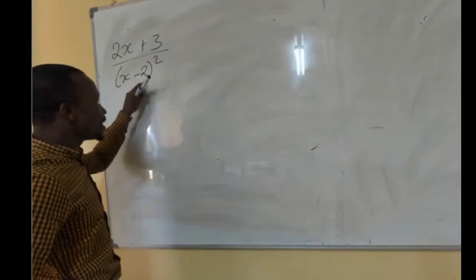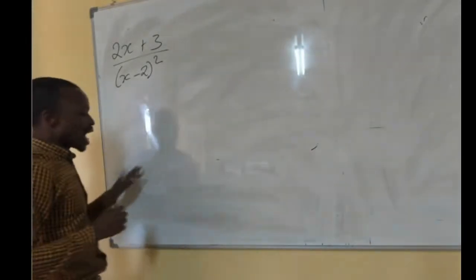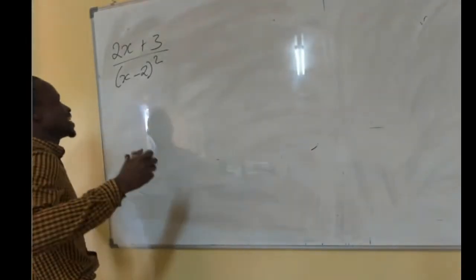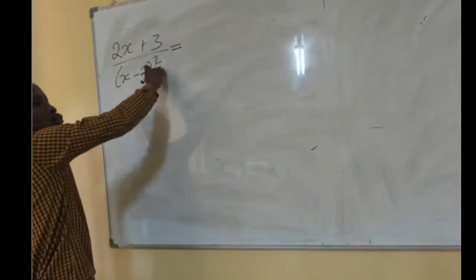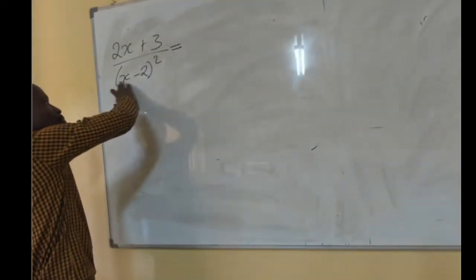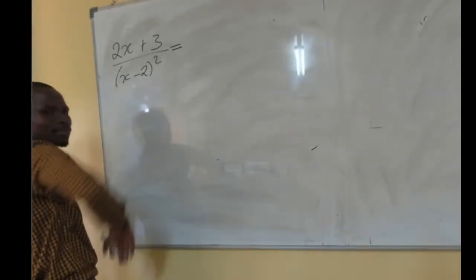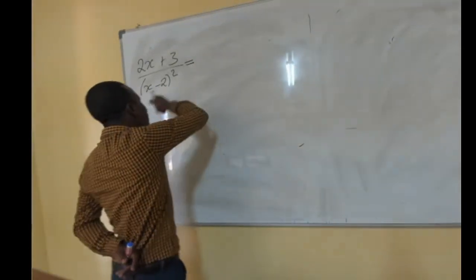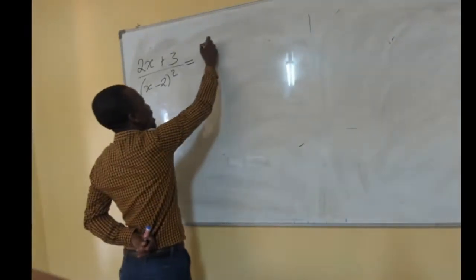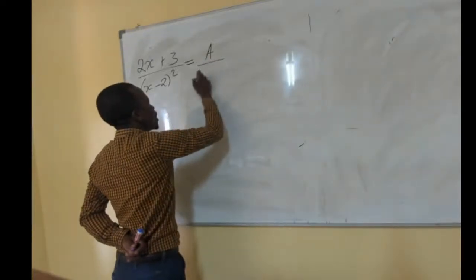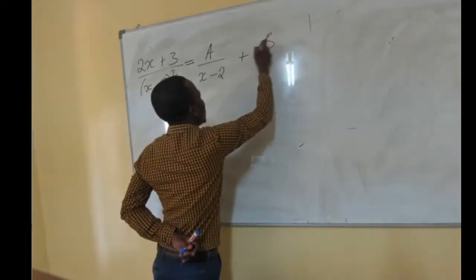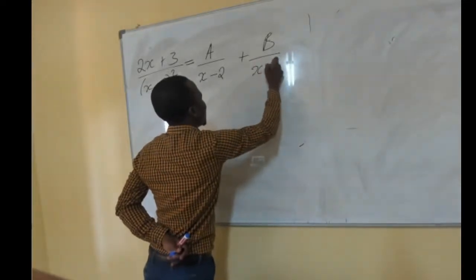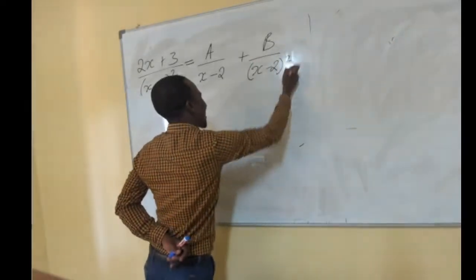So, comparing this to what I outlined here, now the power of the denominator here is 2. So, the repeated factors, the highest power of this repeated factor is 2. So, now, this one, we can then write it as a divided by x minus 2 plus b divided by the square of x minus 2.